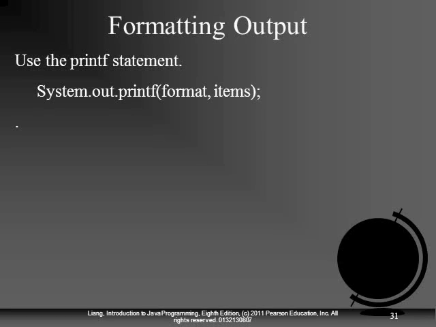Our formatted string is then followed by a list of items, each of which needs to match up with a particular specifier in the string. The items are matched to the specifiers in the order that they appear. And an item can be numeric, character, Boolean, or any of the values that we have come to know.